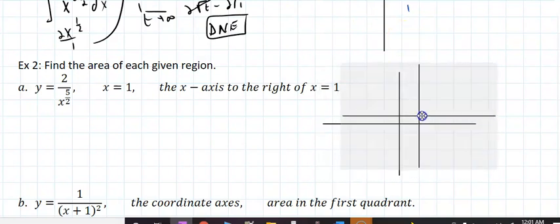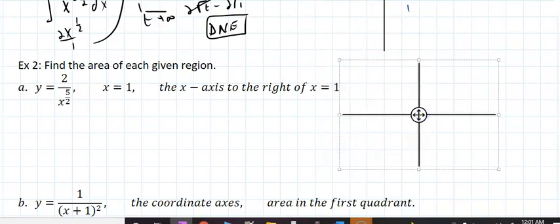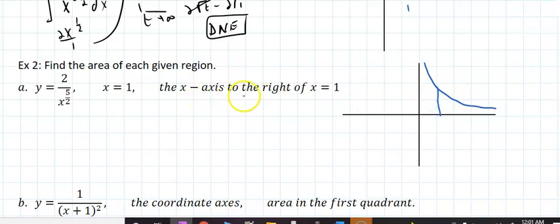You could just go by the given information. Here, find the area of the given region. 2 divided by x to the 1/5. Well, that also looks like this, right? And we're running from 1, the x-axis, and to the right of 1. We're trying to find this area.